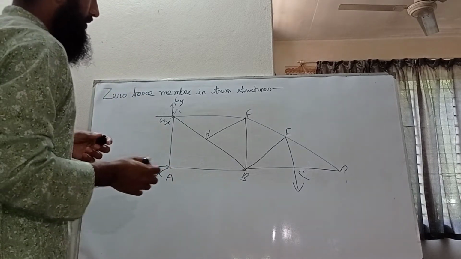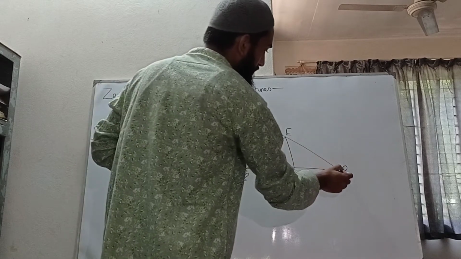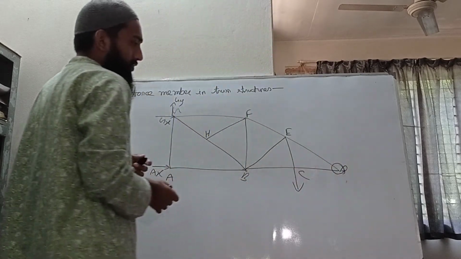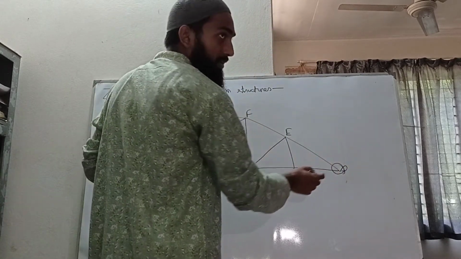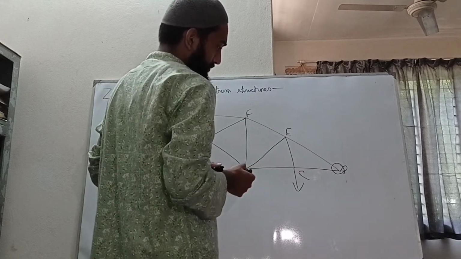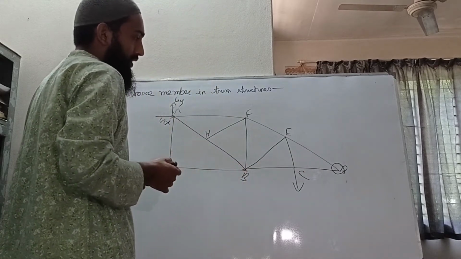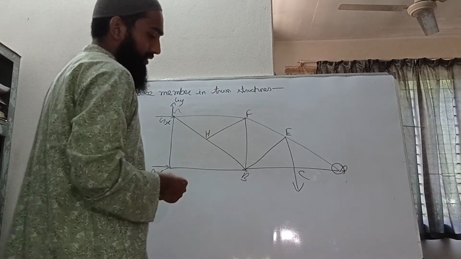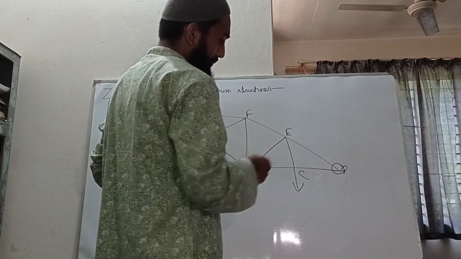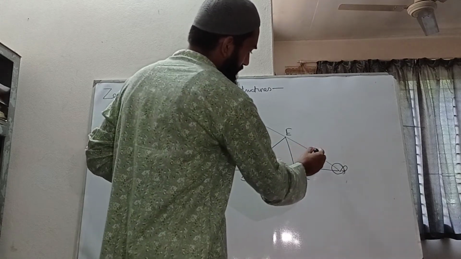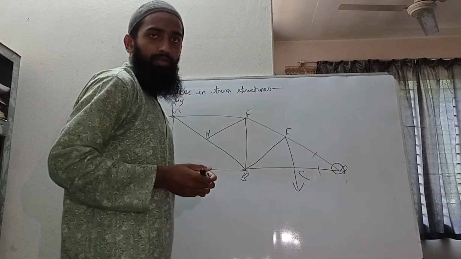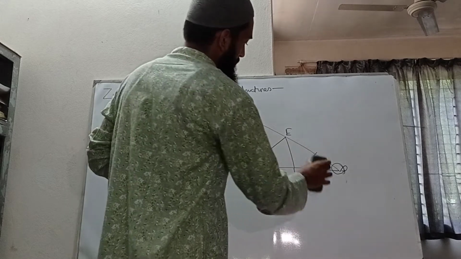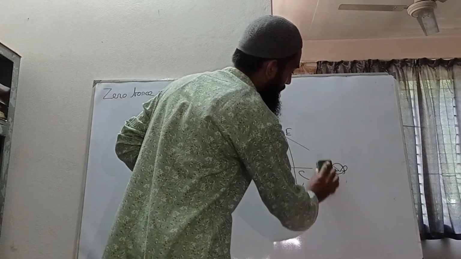Now let's consider joint D. At joint D we can see there is only two members. There is no external load, and the angle between them is less than 180 degree. So we can say by applying rule 1, both ED and CD members are zero force members. So let's erase them.